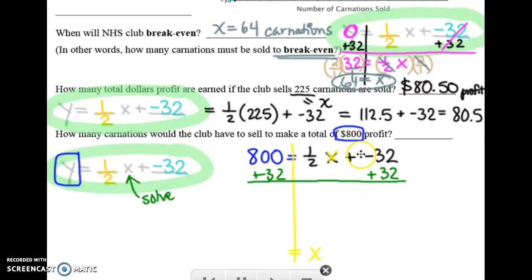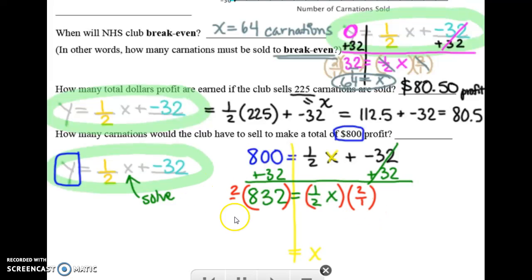So again, solving it is a two-step equation. You add 32 to both sides. So now 832 equals 1/2 x. If I want to get rid of a fraction, I multiply by its reciprocal. So 2/1 gets multiplied to both sides. We could treat 832 as a fraction by putting it over 1.